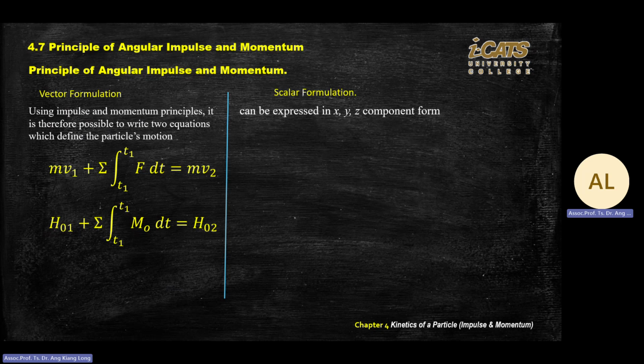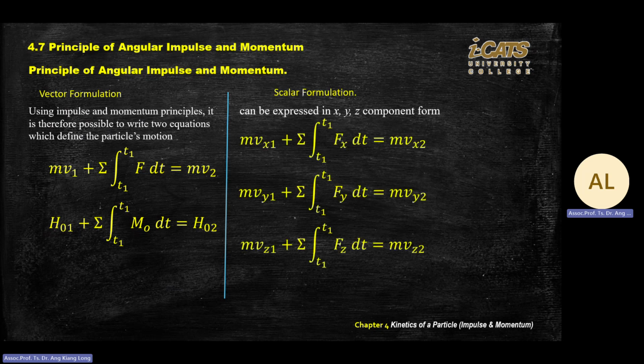And H is angular momentum. So you know that you are dealing with a vector. When you have a vector, you can split it into X, Y, and Z. It's the same. In the F dt formula you do it in x, y, and z.